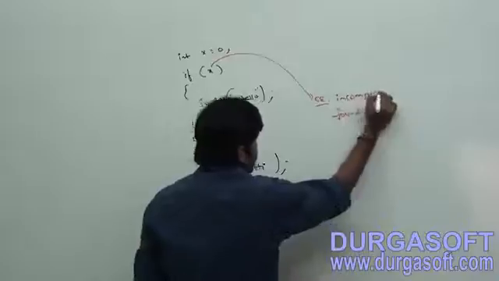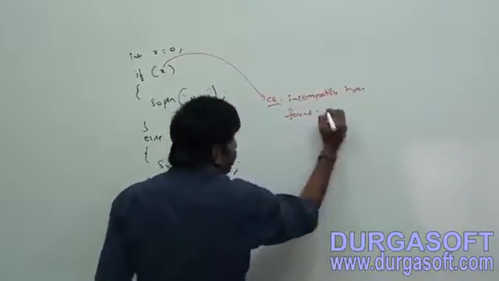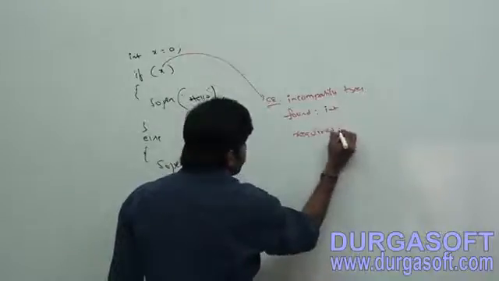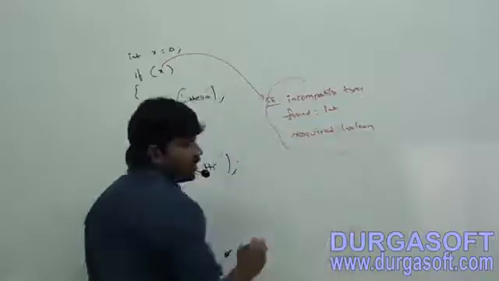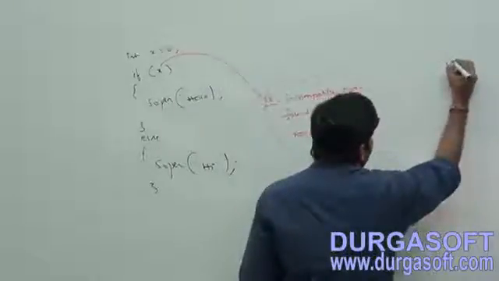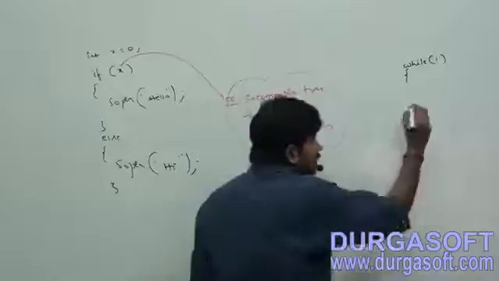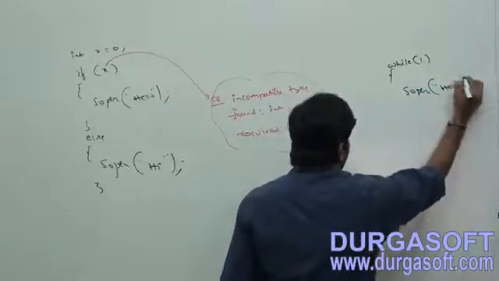Incompatible types: found int, required boolean. We covered this while covering the boolean data type.